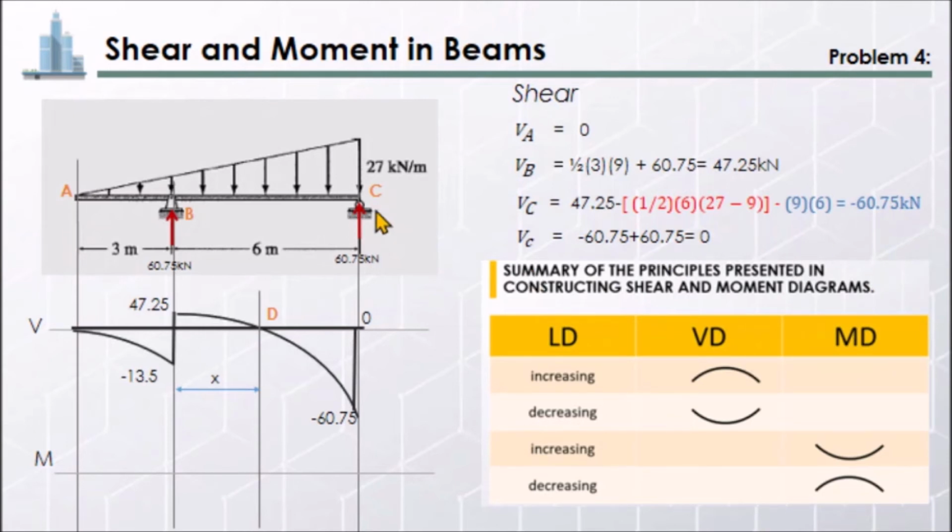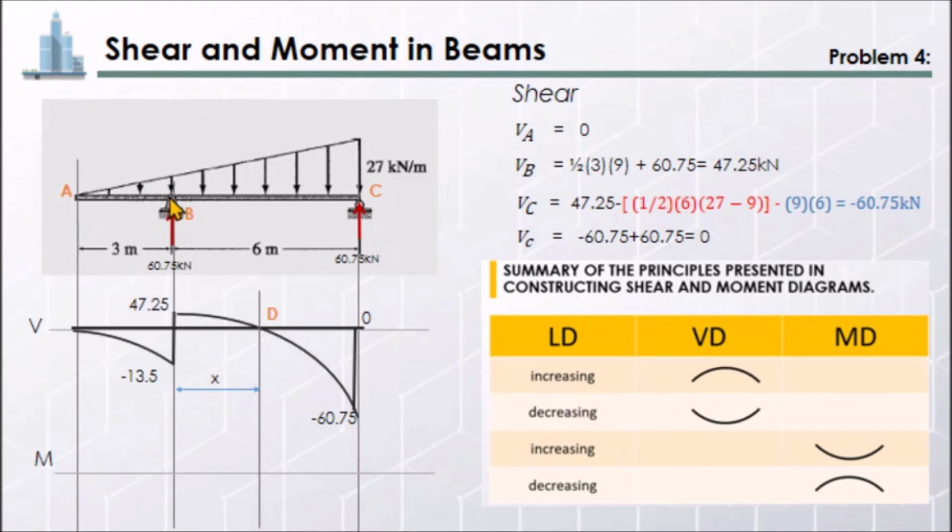Then, pagdating natin sa C, ano yung shear natin dyan? So, dito pa din tayo manggagaling sa negative 60.75 plus yung ating reaction na 60.75. So, ang ating shear at C is magsi-0. Okay? So, ngayong class, sa pag-draw ng ating shear diagram, so, dito, ang load diagram natin ay increasing A to B. So, kapag ka-increasing siya, concave downward ang ating shear diagram.